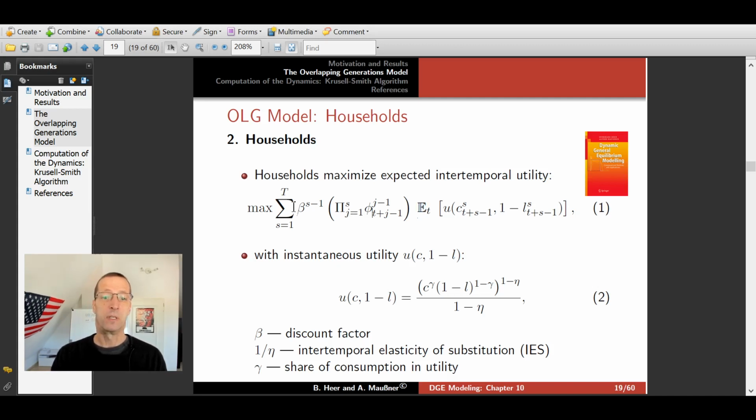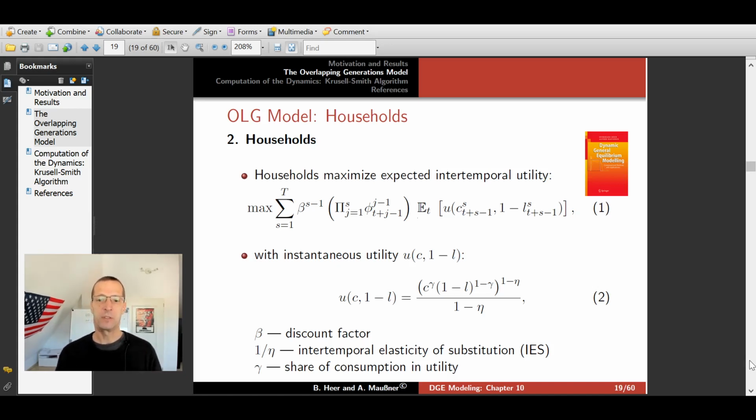Now notice that the effective discount rate here is beta times phi, the survival probability. So that's why we will calibrate beta higher in this overlapping generations model than you're used to from the Ramsey model. So we will set beta equal to 1.011 as estimated by Hurd, who explicitly accounts for stochastic survival. So if you, for example, take the product of beta times phi, the discount factor falls below 1 in mid-age of your lifetime.